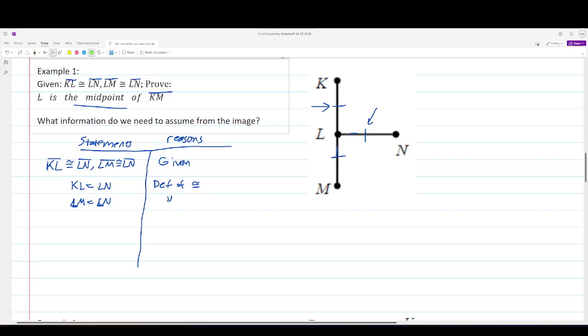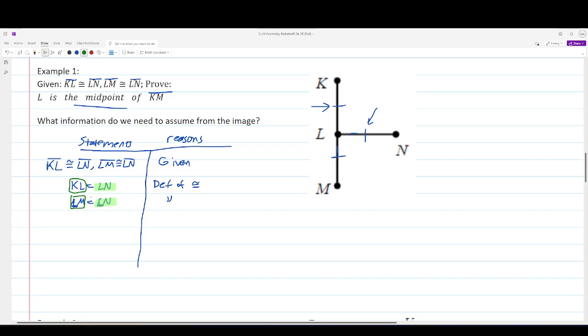Okay, so now looking at what we have, I'm going to highlight here. We have LN here and LN here. That means I'm going to be able to chain these together to link KL to LM. LN is the bridge between them. So it doesn't matter what order they're written in.